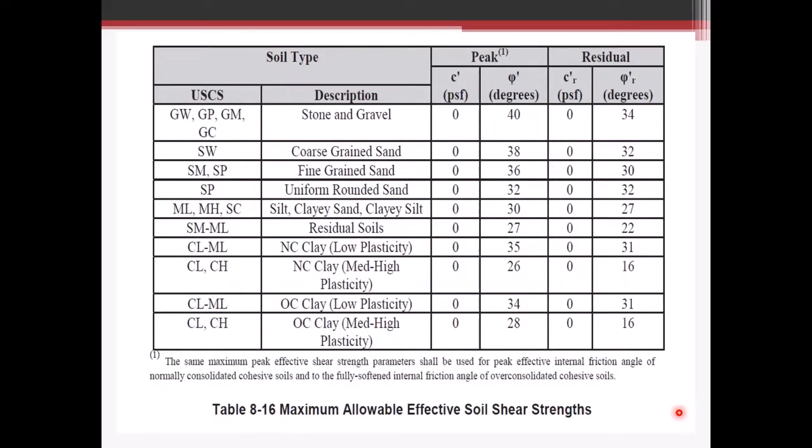The manual also has a table for the maximum allowable drained shear strengths. And again, these should not be exceeded without laboratory testing and written permission from the Geotech Engineering Bureau.